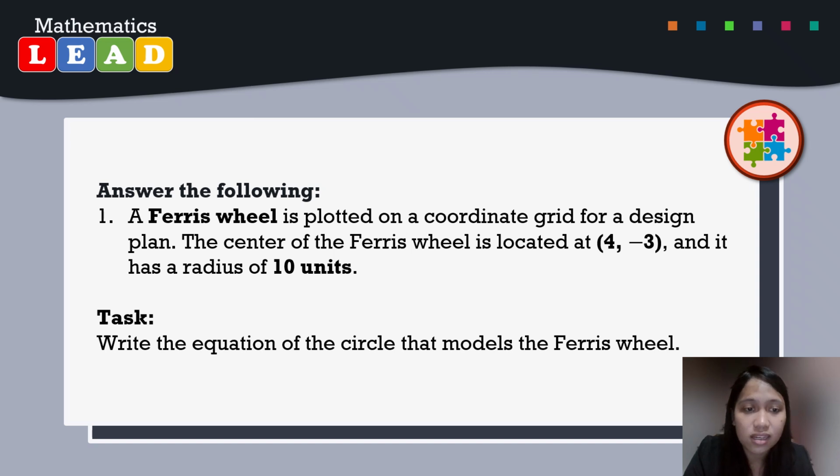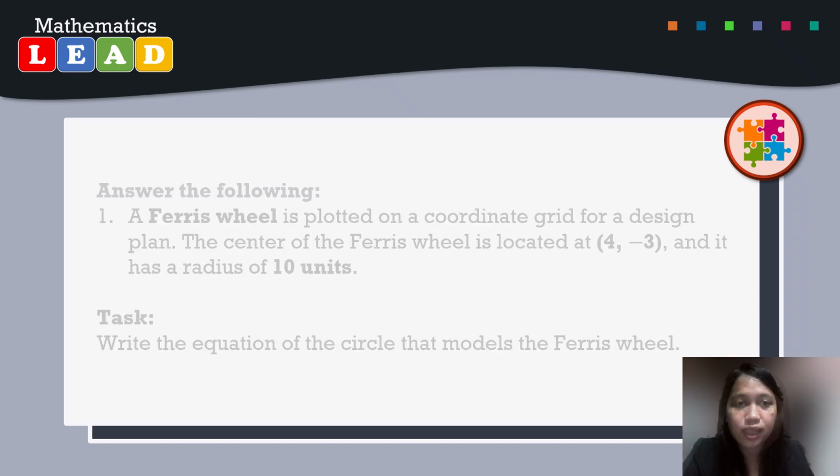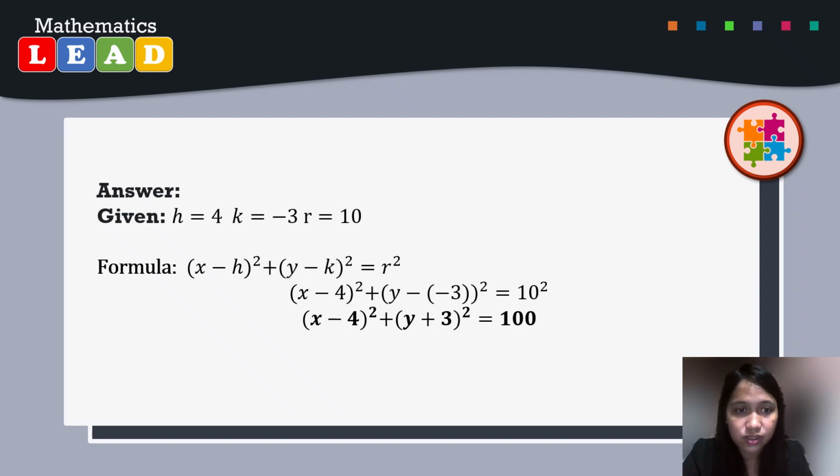Your task is to write the equation of the circle that models the Ferris wheel. Let us now reveal the answer. The given are h is equal to 4, k is equal to negative 3, and r is equal to 10. And the answer is quantity x minus 4 squared plus quantity y plus 3 squared is equal to 100. So, you are right. You are on the right track.